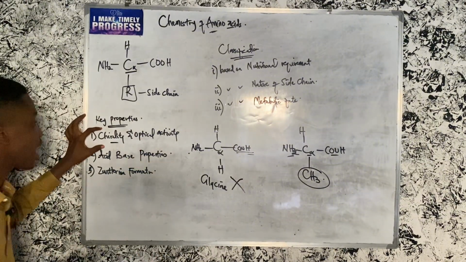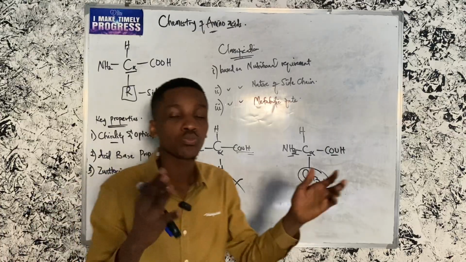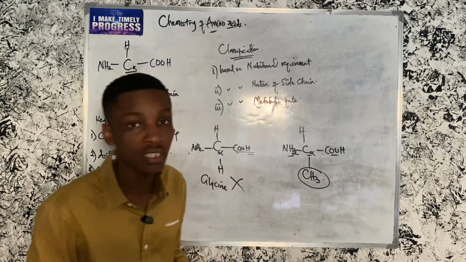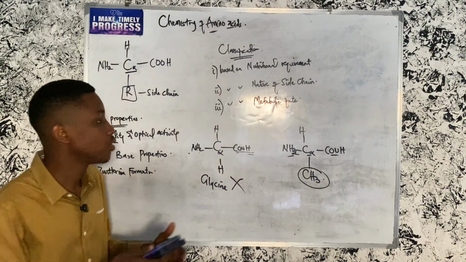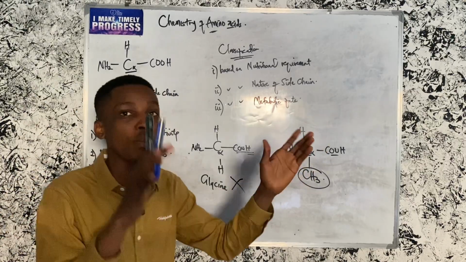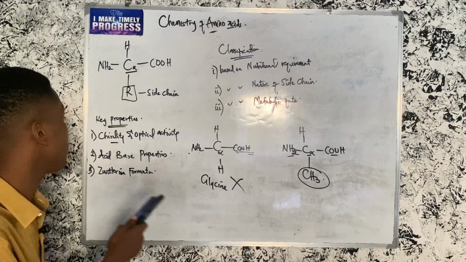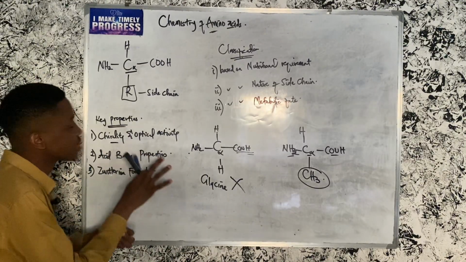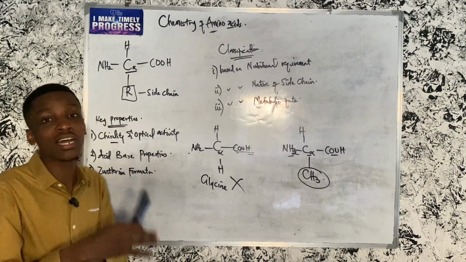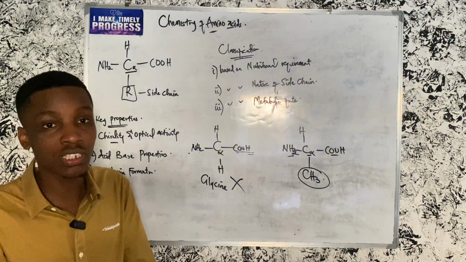Now, because of chirality, they can show optical activity. This compound can exist in two different forms, usually D and L. And please, the isomer that is more common in the human body and in our diet is the L amino acid. Please take note.